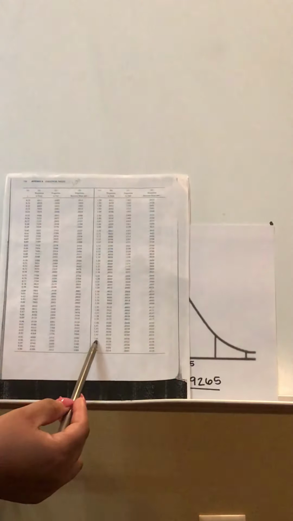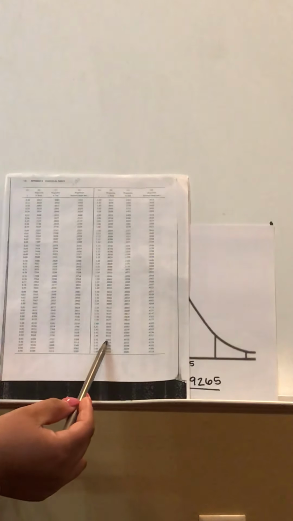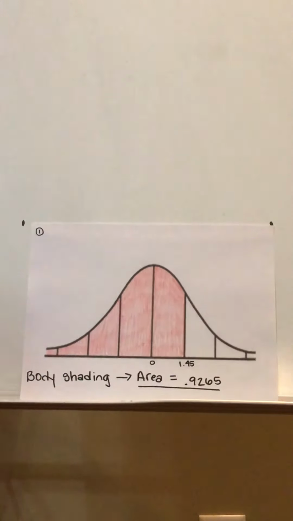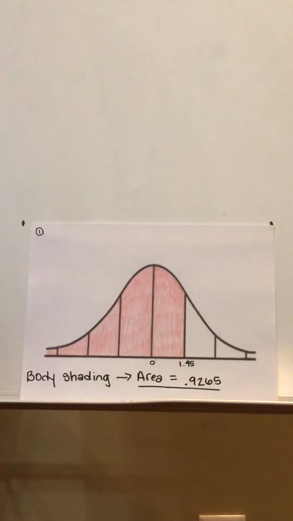So the measurement is already done for you. That measurement is 0.9265. So the area is 0.9265. There's no math for you to do because a body shading is one complete shade.